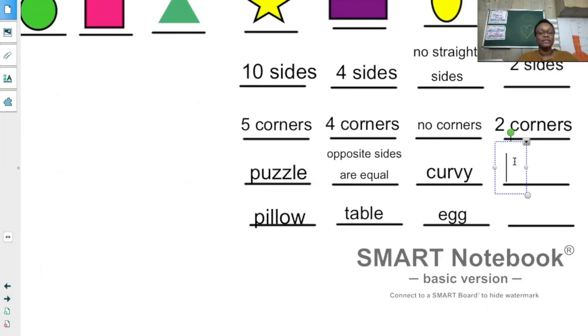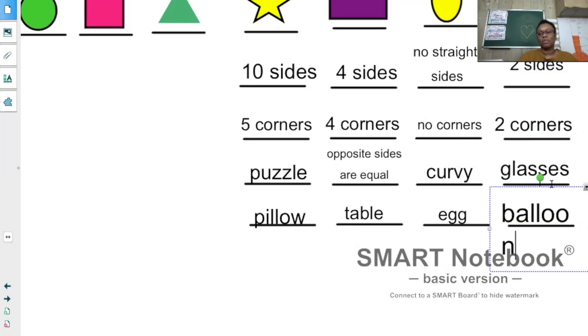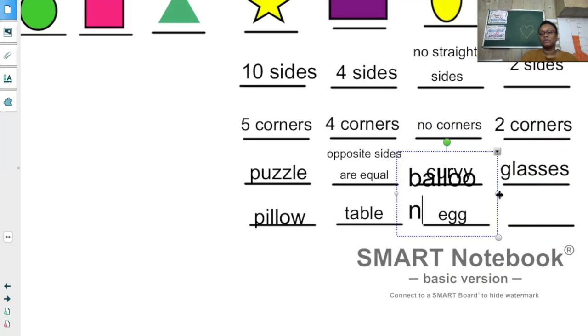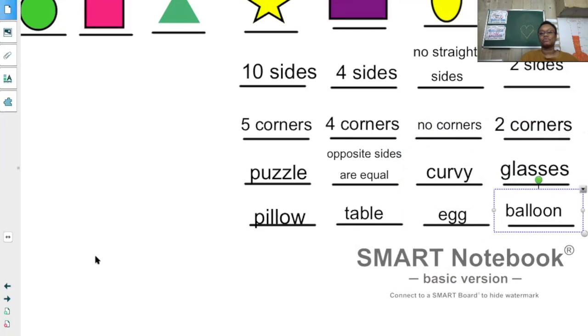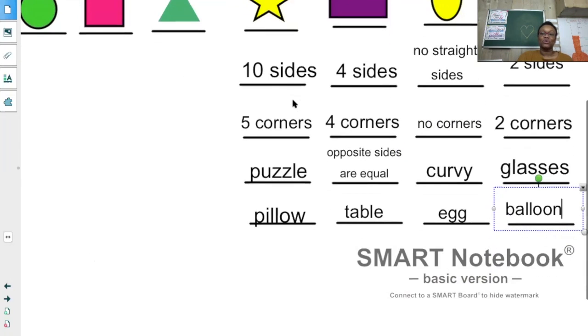So I'm going to say glasses or sunglasses, right, can be heart-shaped. And a balloon can be heart-shaped. Excellent.